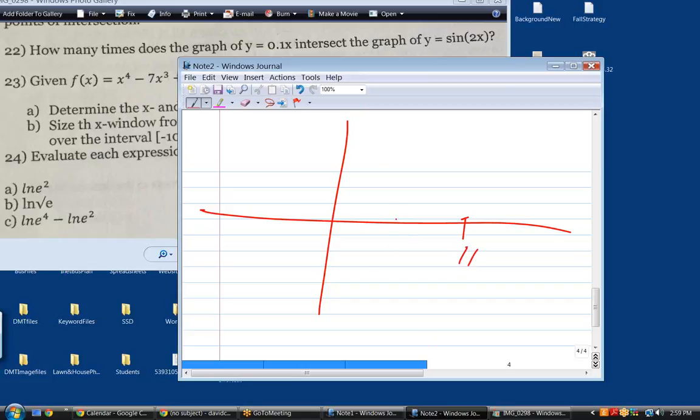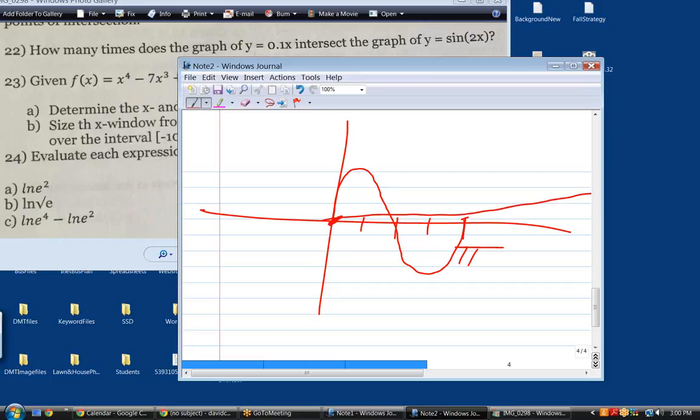Okay, so now all we have to do is draw the curve between that. And then there's going to be 0.1x, which has a slope of what? A slope of 0.1, positive. Has a y-intercept of what? 0. A slope of 0.1 is extremely flat.